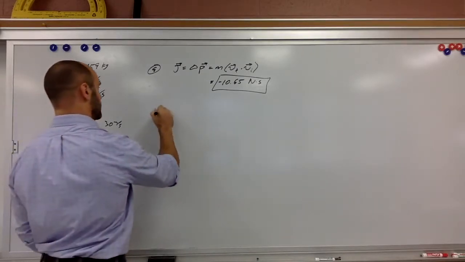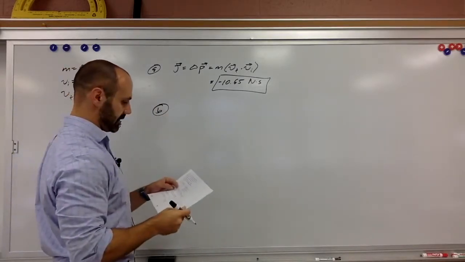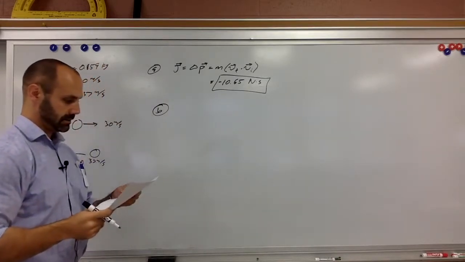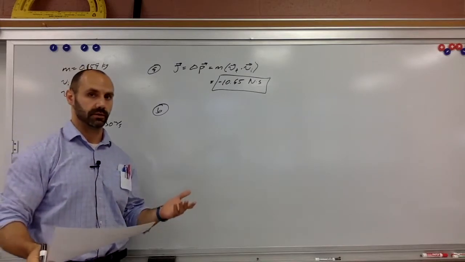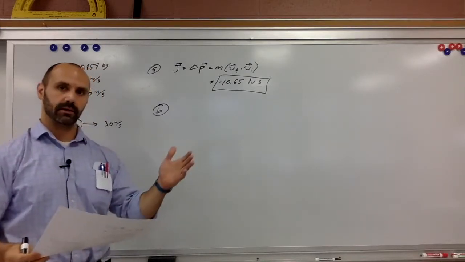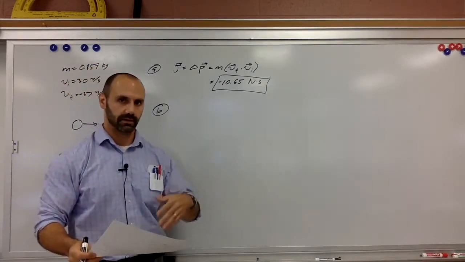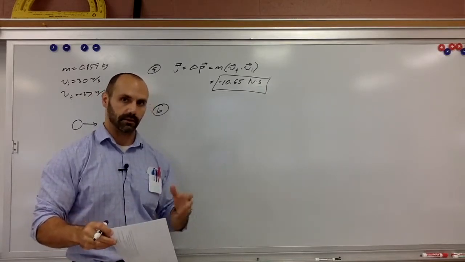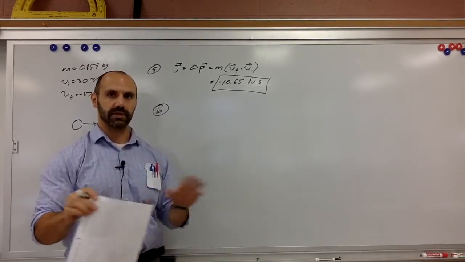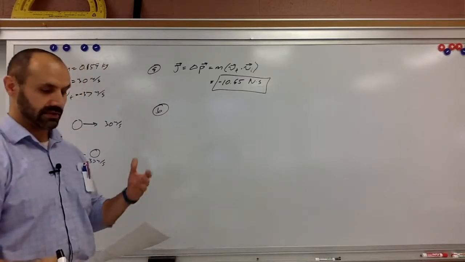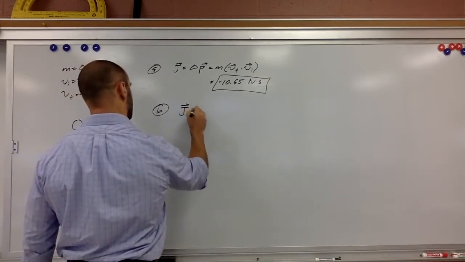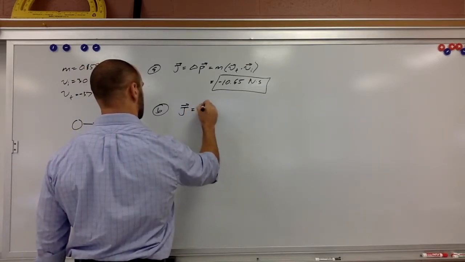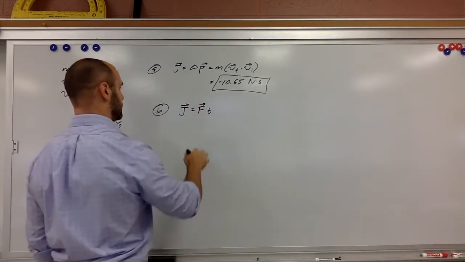All right, so part B now asks us, what is the average force of the bat on the ball? Again, we're looking for average force here because in reality, a bat hitting the ball is a constantly varying force. It starts off small and then a lot and then a little over a very small period of time. So we're just asking for the average force, and that saves us from having to use calculus. So J equals Ft.